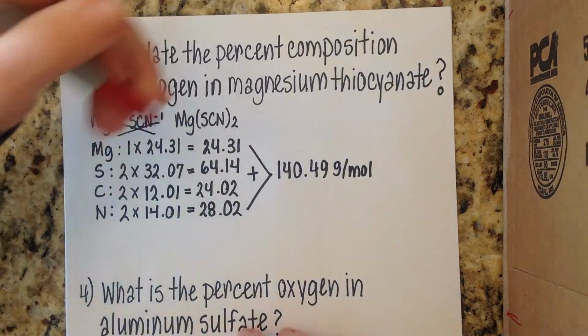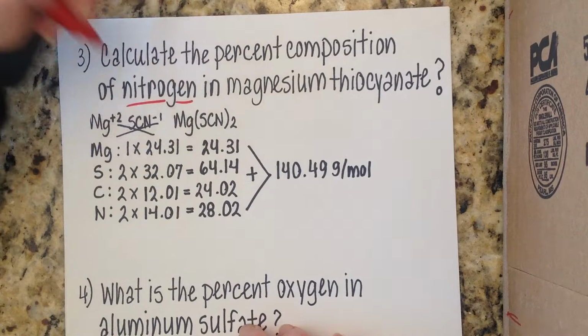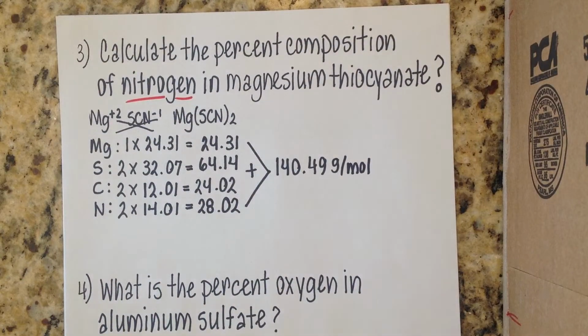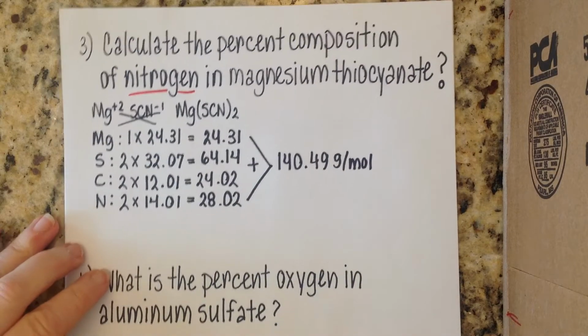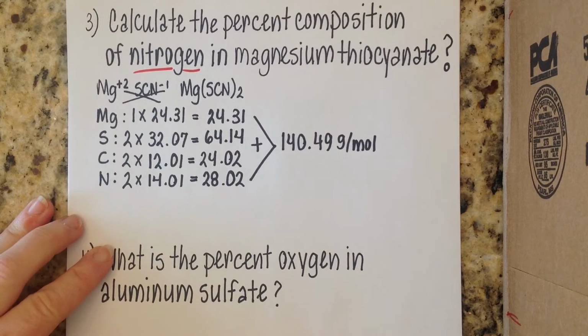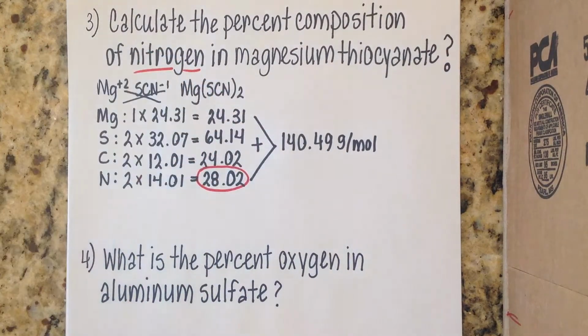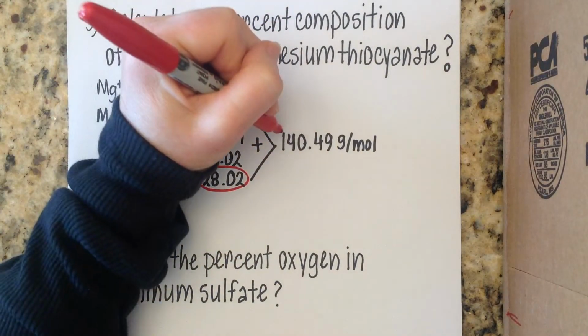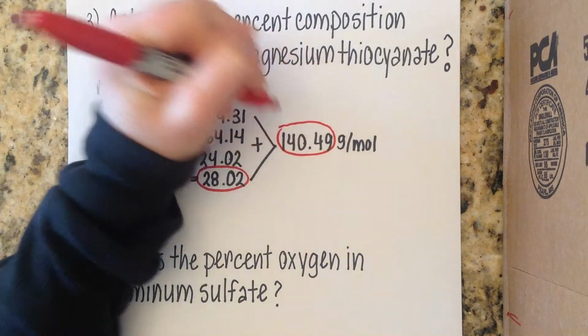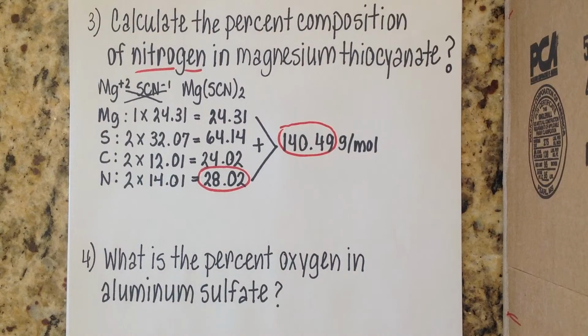Now we're ready to solve for the percent nitrogen. Sometimes once you've done all that work, you actually have to look back up here and say, I've already forgotten what they were looking for. So to find the percent nitrogen, we are going to be dividing the total nitrogen, which is 28.02, by the total of the whole thing, which is 140.49.